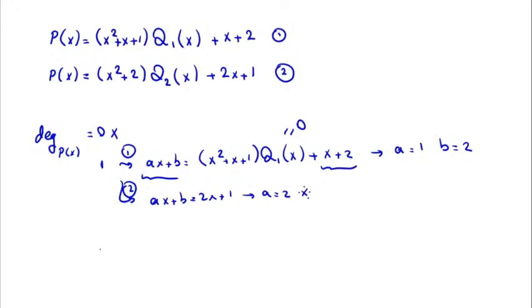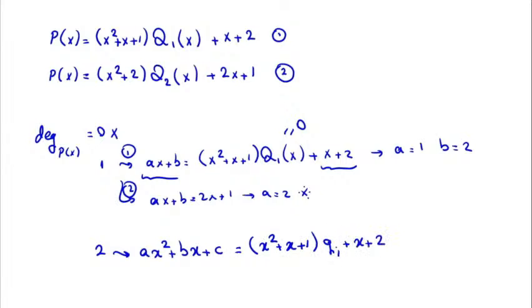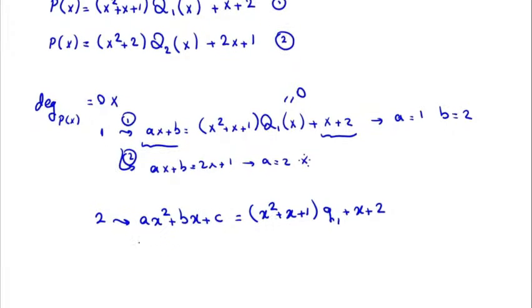If you consider the degree is 2, the polynomial will be ax squared plus bx plus c, and we divide by x squared plus x plus 1. q1x will be a constant. Let's consider q1 plus x plus 2. Because if it has x, then what's the problem? Then we have degree 3 here. It will be this.